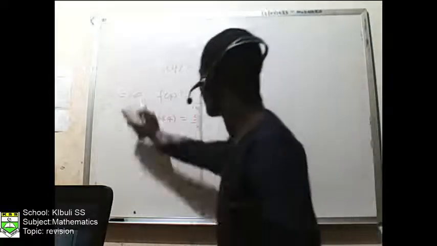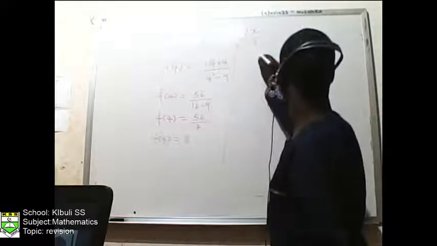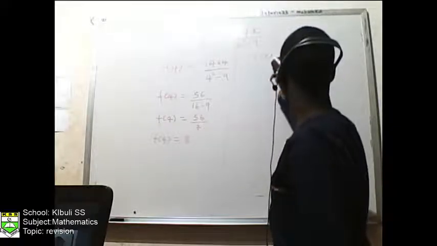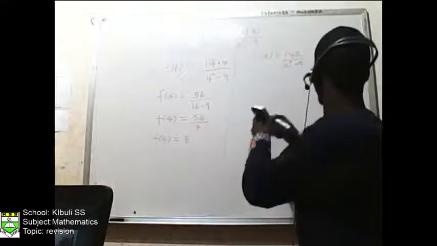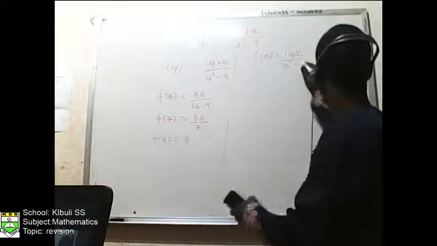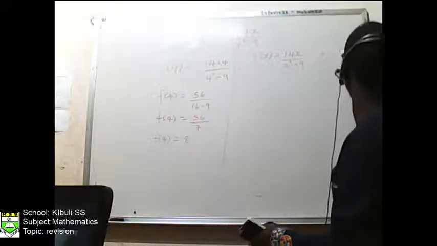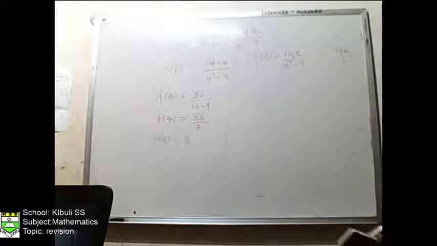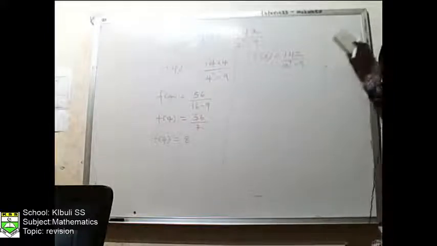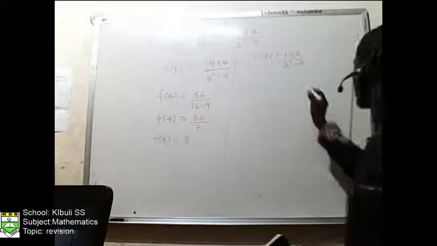So if you have a function in the form of f of x is equaling to 14x over x squared minus 9, some of you were saying that the denominator is equaling to 0, and someone equates it in this form, over 0. This is wrong. Please don't put a 0 here, but instead what you're supposed to do, if you know that the denominator is 0, get the denominator.